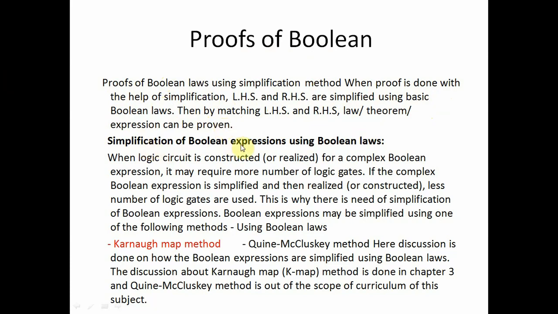Now, simplification of a Boolean expression using Boolean laws. There are two methods for simplification: the first is the Boolean laws method and the second is the K-map method. In chapter number 2 we will study simplification using Boolean laws, and in chapter number 3 we will solve simplification using the K-map method.